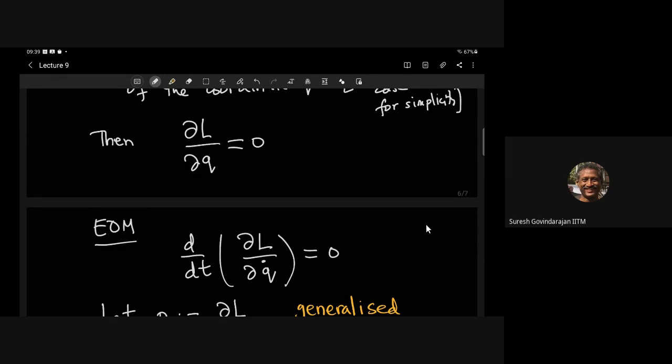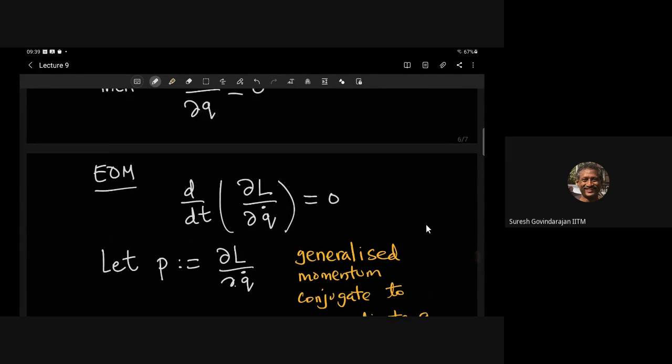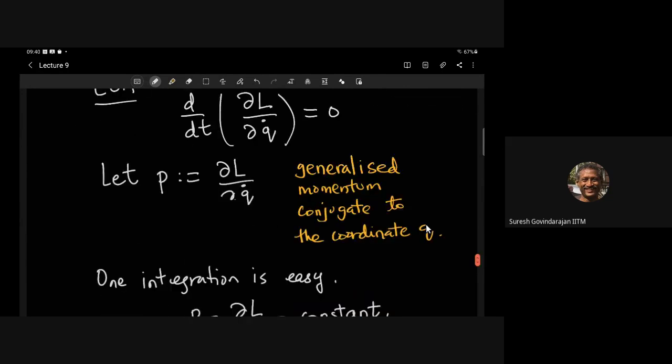That will be a constant. That generalized momentum conjugate to q4 will be constant. So you can see that sometimes we get lucky, some simplifications happen. Is this clear what is happening? Okay, so that is one example.